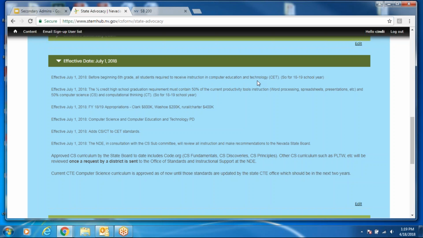Primarily, that half credit high school course that's typically taught in middle school will now be taught in a basic format in the elementary grade level, so that they'll have a foundation of technology skills, productivity tools, and what have you, including the computer science. I'll explain computer education and technology and how those two go together in just a couple of slides.